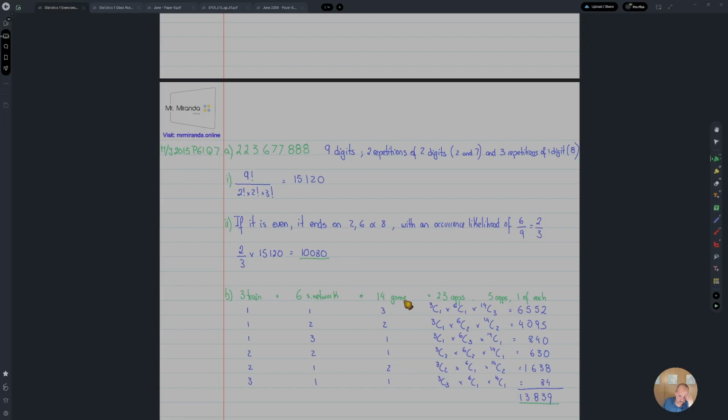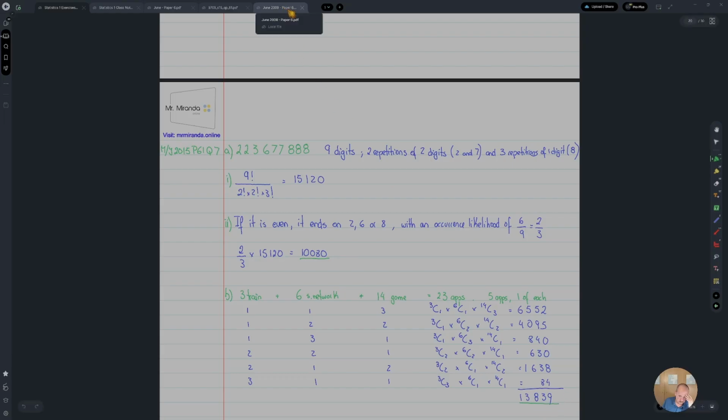So for this one, for example, you have 3C1 times 6C1 times 14C3. Here you have 3C1 times 6C2 times 14C2, and so forth, okay? So you calculate the number of possible arrangements for each of these arrangements, and then you add them together to find the total number of arrangements.